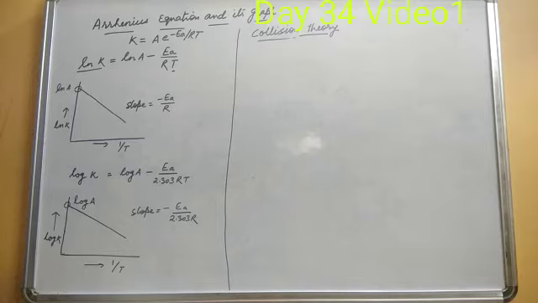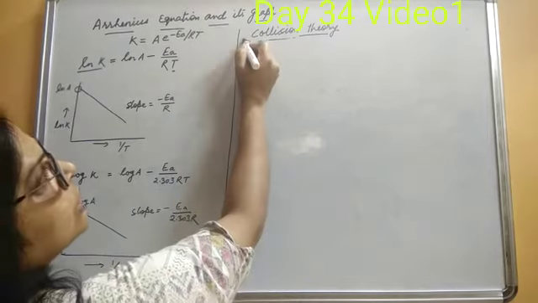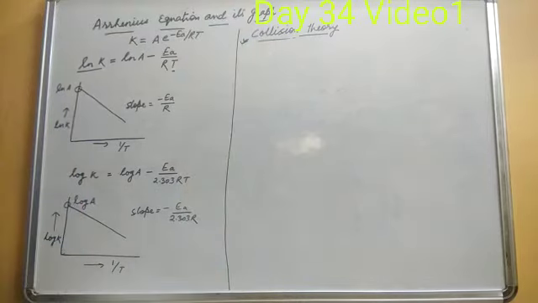According to this theory, whenever reactant molecules collide with each other, they form product. Now, what about collisions? With every collision, product will not form. Product will be formed when collisions are proper.